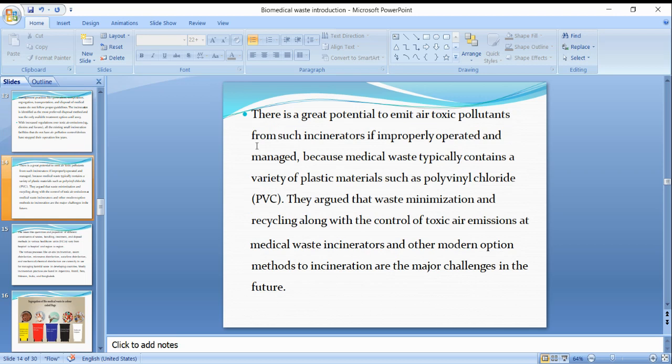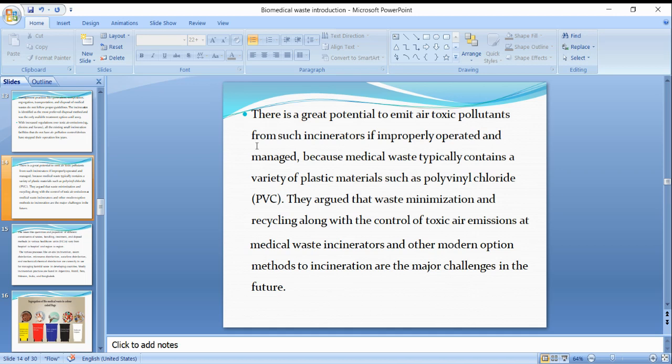There is a great potential to emit air toxic pollutants from such installations if improperly operated and managed, because medical waste typically contains a variety of plastic materials such as polyvinyl chloride, PVC. At the time of burning, they emit toxic materials. So they argued for waste minimization and recycling along with control of toxic air emissions.